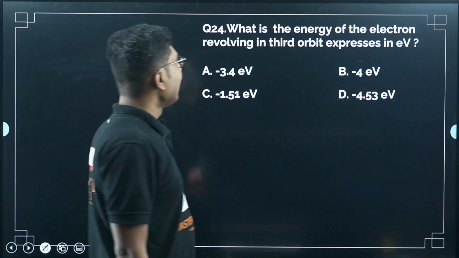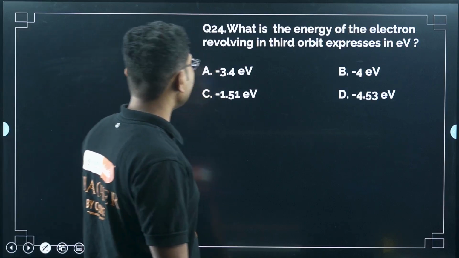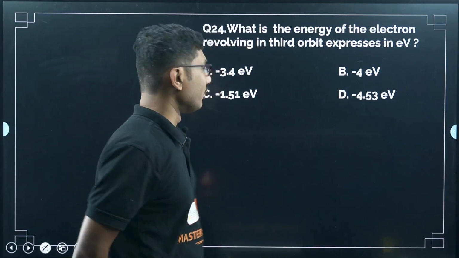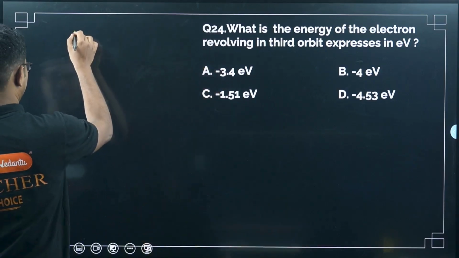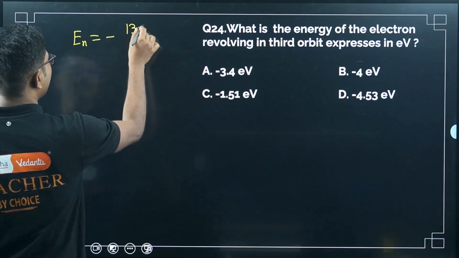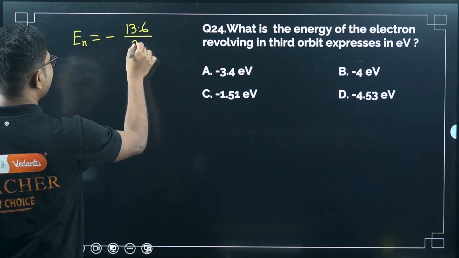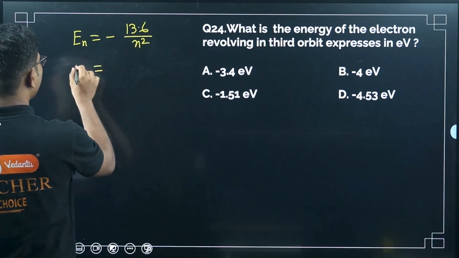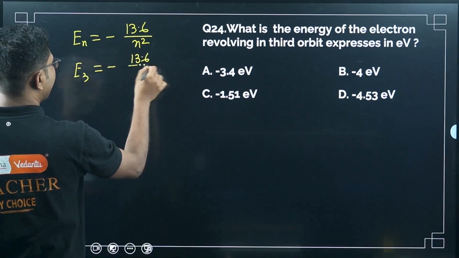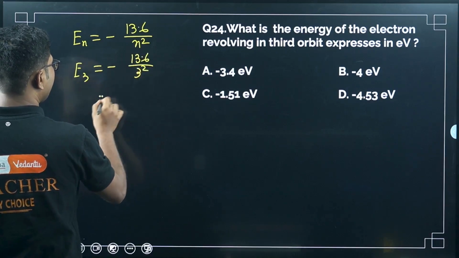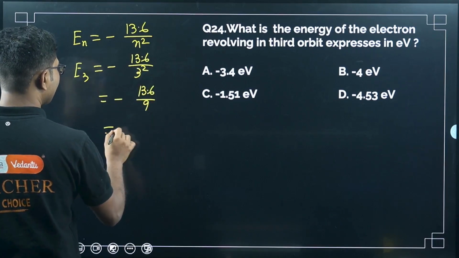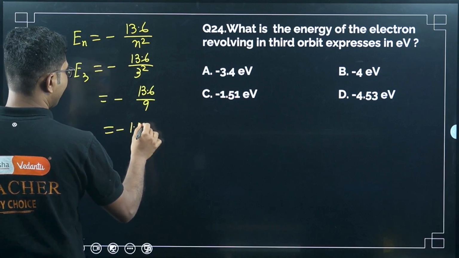Now, what is the energy of the electron revolving in the third orbit expressed in electron volt? So we know that En equals minus 13.6 divided by n square. For the third orbit, E3 is minus 13.6 divided by 3 square, that is minus 13.6 by 9, and this will become 1.51 eV.